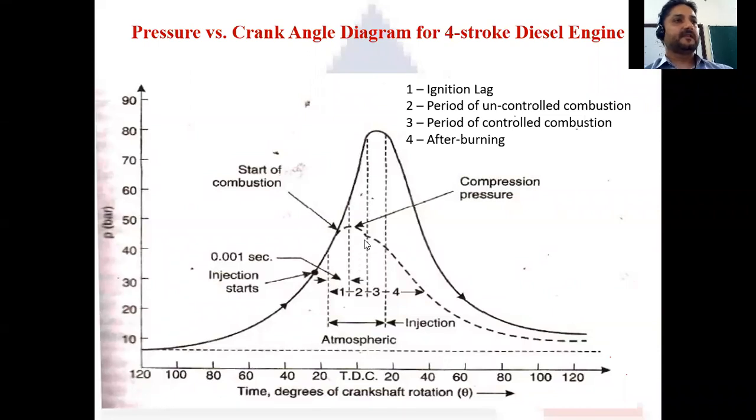After that, the point at which the fuel injection has to stop is controlled manually with the help of a cam, or electronically with the help of the ECU. The ECU or the cam decides up till what point the fuel injection will go on inside the combustion chamber.